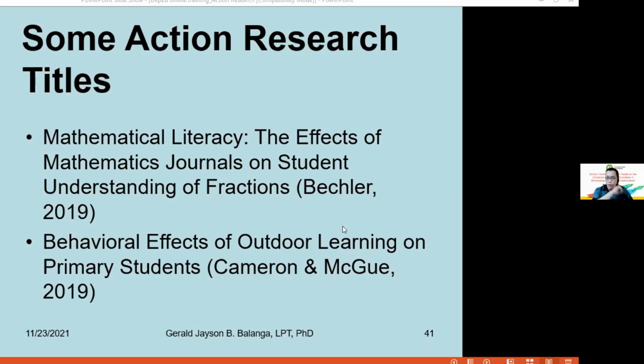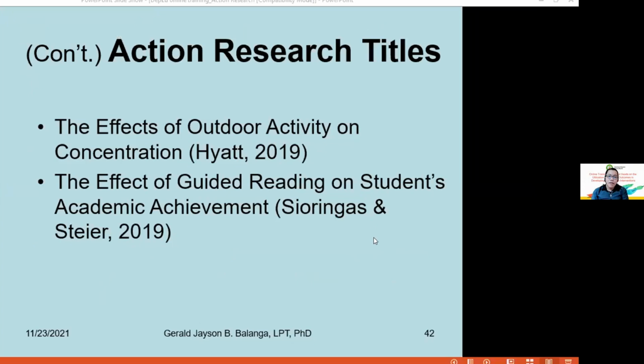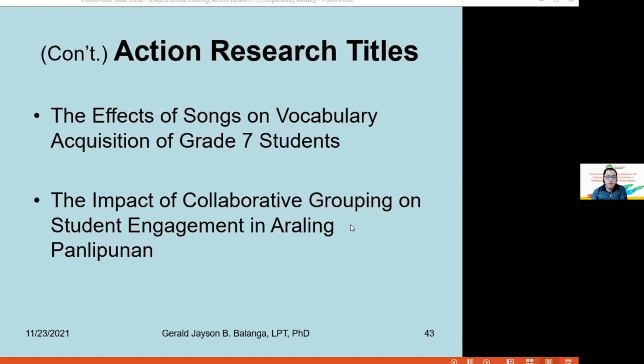So, anong naging behavior ng mga elementary students when they did the learning outside the classroom? Here are additional action research titles. Effect of guided reading on students' academic achievement. Effect of outdoor activity on concentration. Effect of songs on vocabulary acquisition.